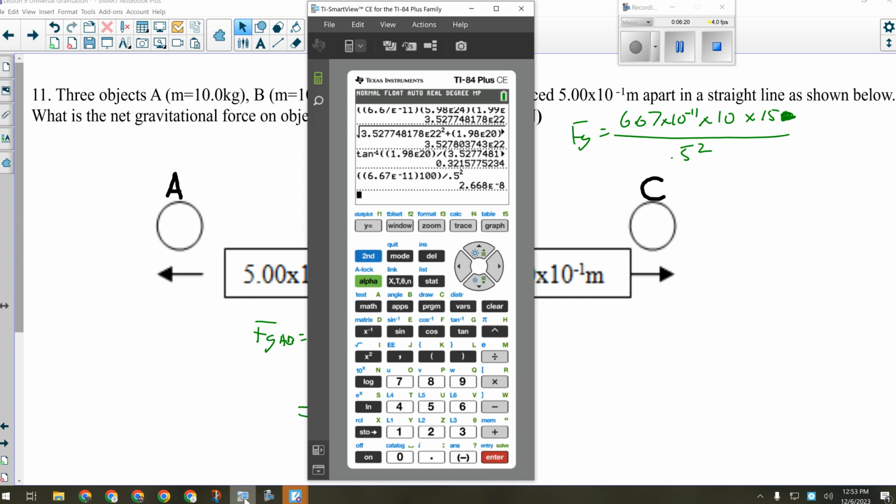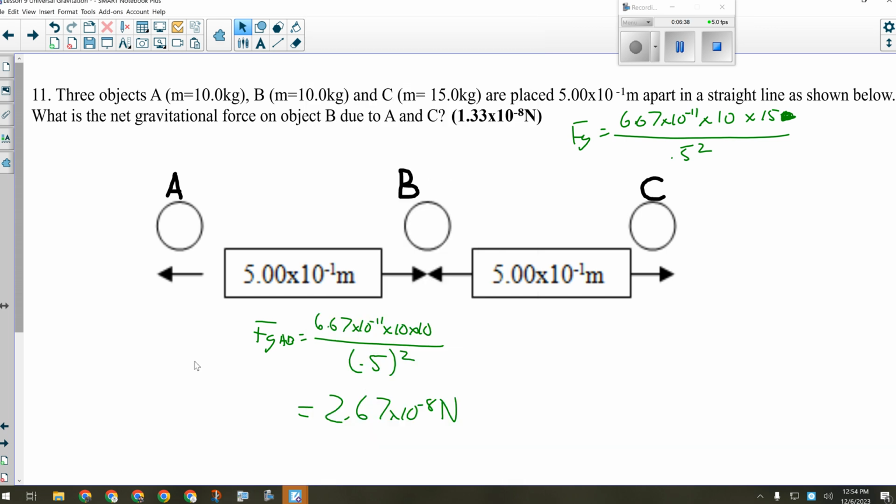That gives me 4.002 times 10 to the minus 8 newtons. Okay, what do I do with those two numbers?